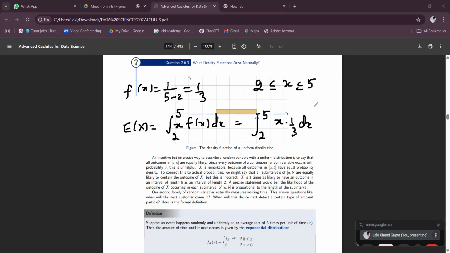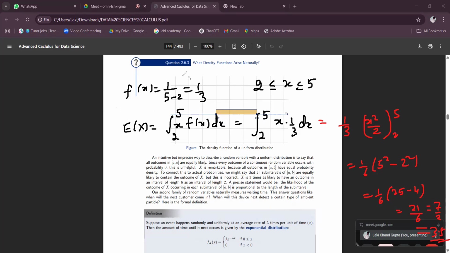So that is 3.5. 3.5 is the average value.